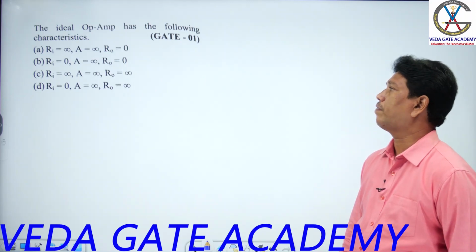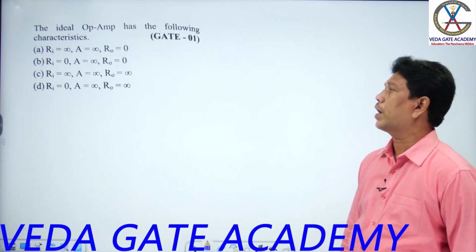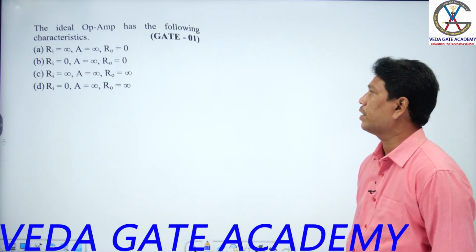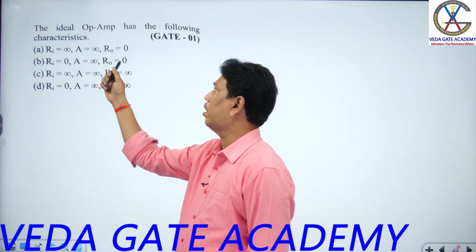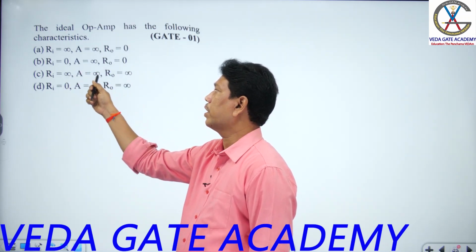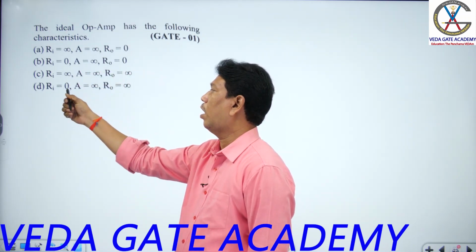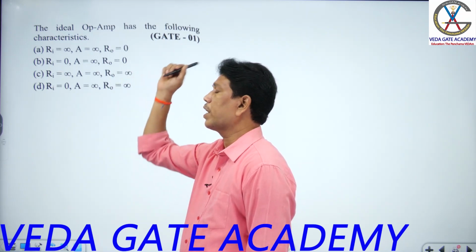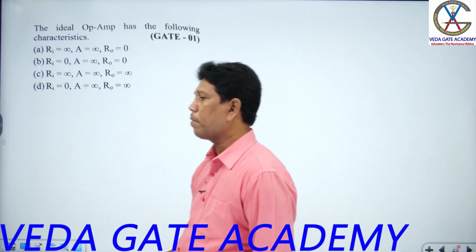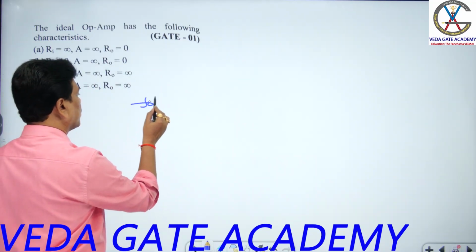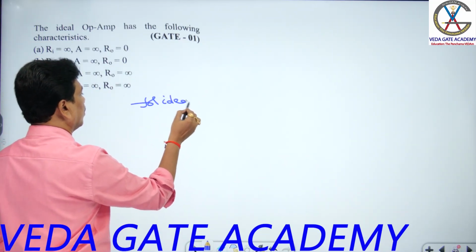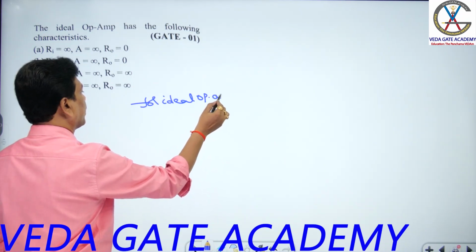The ideal op amp has the following characteristics, students. First: Ri equal to infinite, A equal to infinite, R naught equal to 0. Second: Ri 0, A infinite, R naught 0. Third: Ri infinite, A infinite, R naught infinite. Fourth: Ri 0, A infinite, R naught infinite. For an ideal op amp, you already know these characteristics.